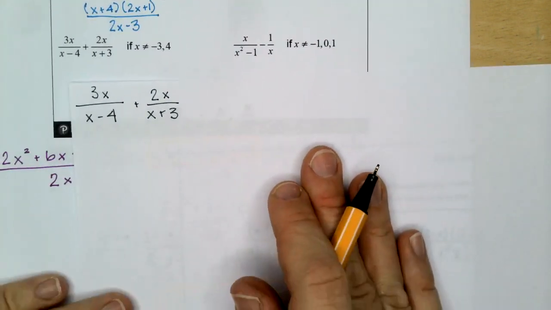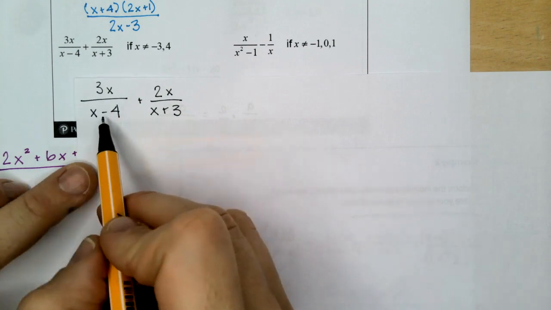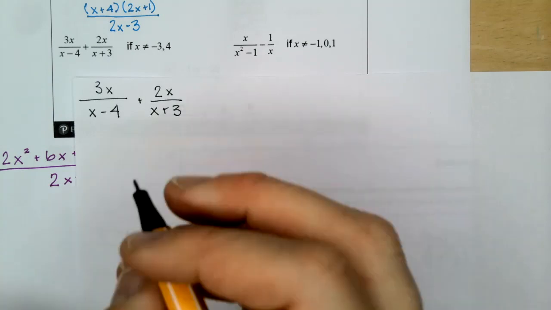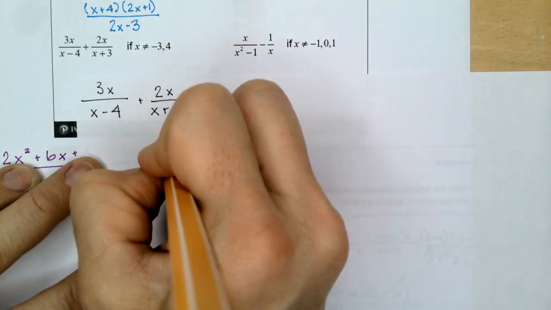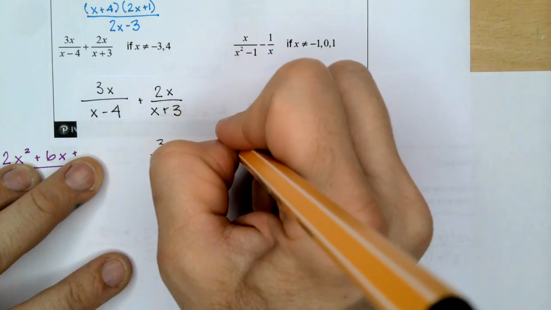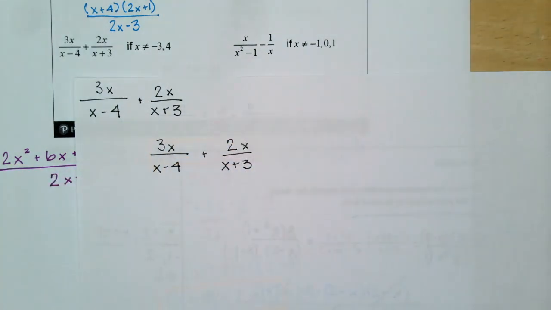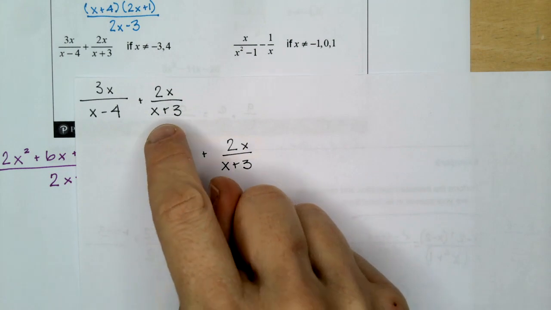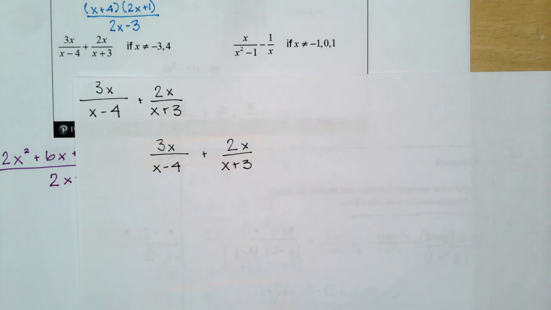Good. Here, we need common denominators and we do not have them. What you need to do when you need common denominators is multiply this denominator by both the top and the bottom of this fraction, and this denominator by the top and the bottom of this fraction.